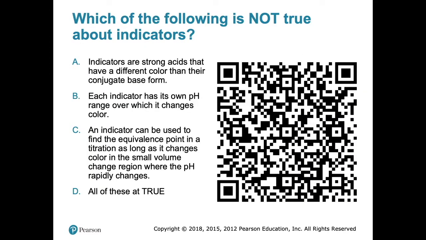All right. So, which of the following is not true about indicators? Indicators are strong acids that have a different color. Each indicator has its own pH. An indicator can be used to find the equivalence point, or all of these is true.